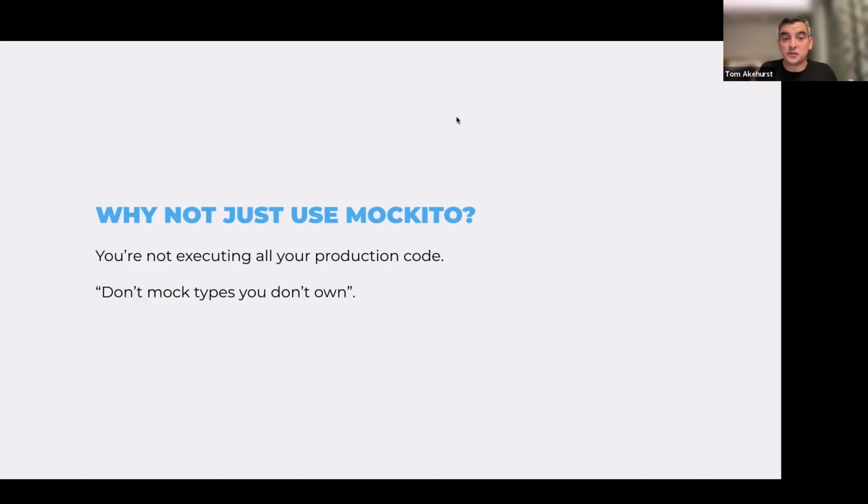One being, obviously, you're just not executing your production code. Particularly if the microservice or whatever you're building has lots of API integration points and you substitute those for mocks, then you're removing a lot of your production code base and not exercising it when you run your tests, and you're losing a lot of information.